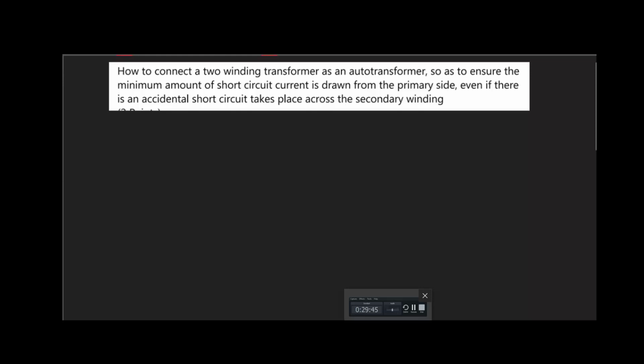First, that the auto transformer must be configured in step down mode. Secondly, the auto transformer must be connected in such a way that it has the minimum amount of kVA. So if we want to realize that, the configuration will be something like this.